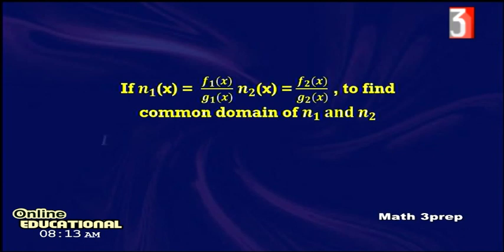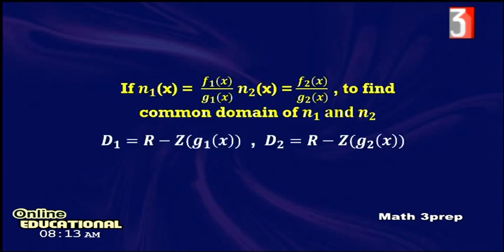So the domain number 1, which is for n1, is R minus the set of zeros of g1 of x. Then what about the domain number 2? It is for the algebraic fractional function n2, which is R minus the set of zeros of g2 of x.